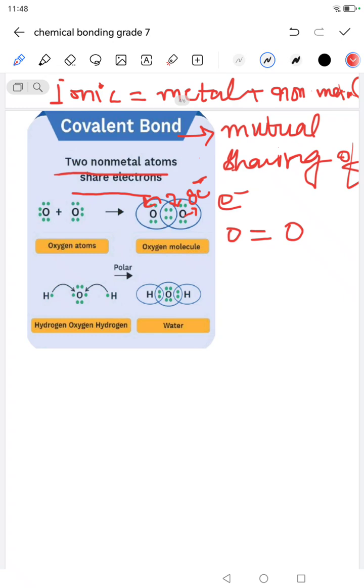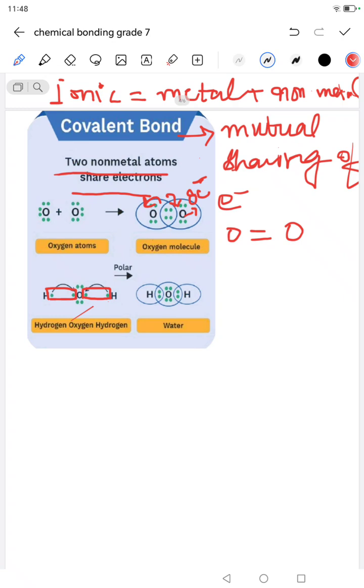So for the other example, it is related to water. Oxygen has 6 electrons in the outer shell and hydrogen has 1 electron. So this 1 electron will go towards oxygen, and the oxygen's electron will also be taken up by the hydrogen, and so now the electrons are being mutually shared between two atoms, oxygen and hydrogen.